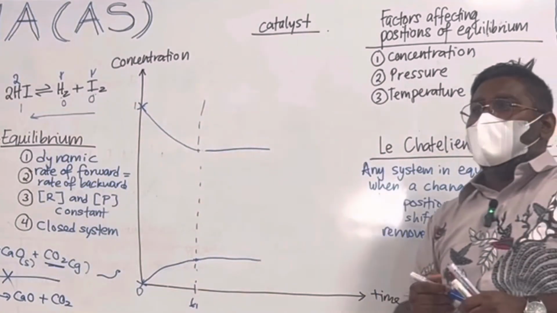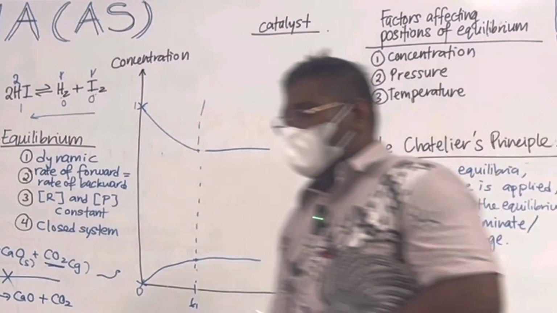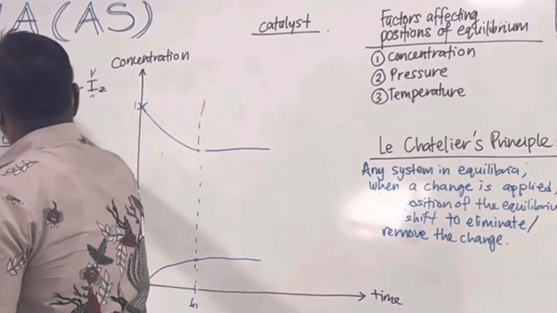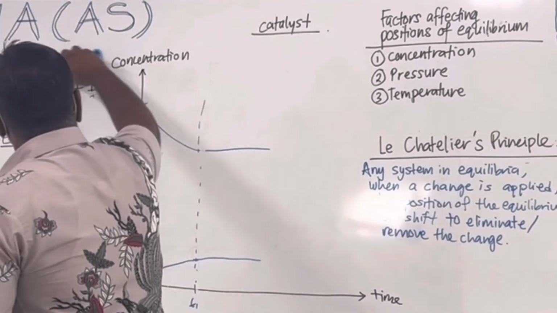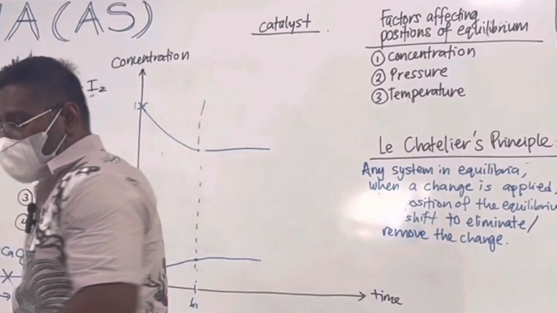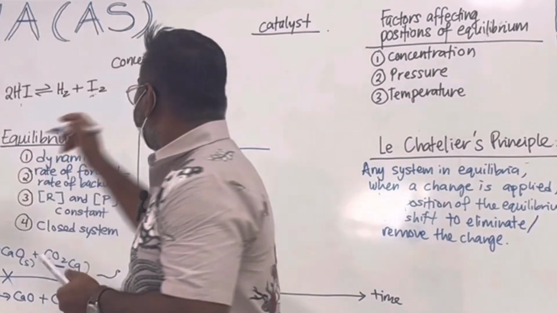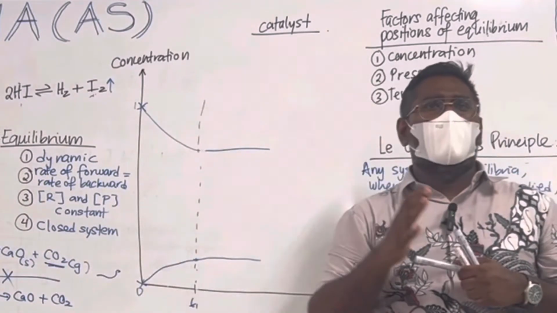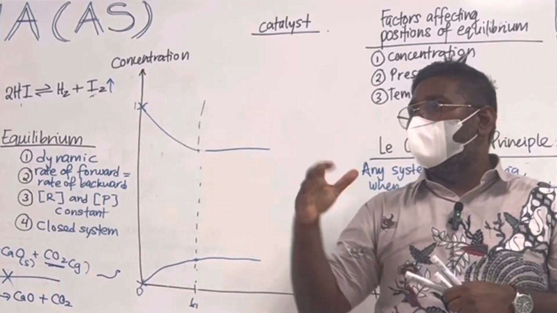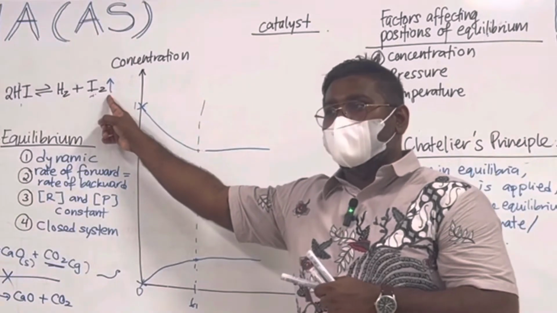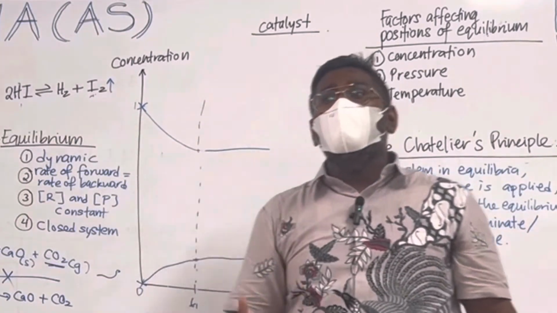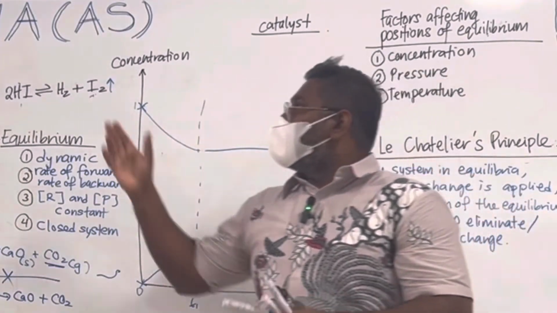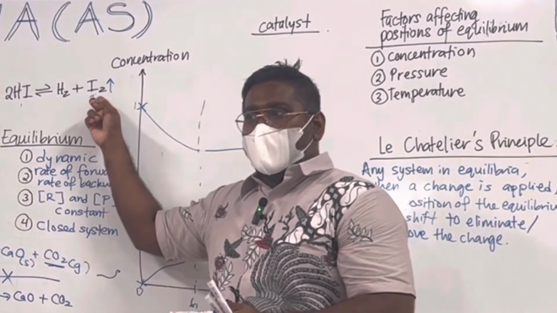Let's say I suddenly increase the concentration of I2. Rico, what will happen? According to Le Chatelier's principle, you need to reduce the concentration of I2. How do you reduce the concentration of I2? By making it react more, right?